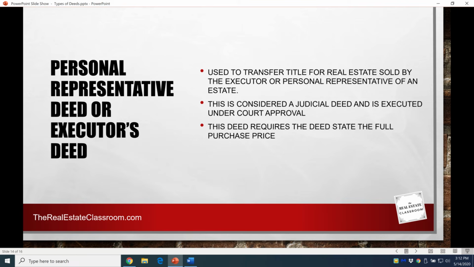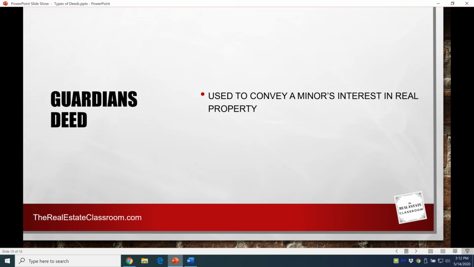But because this is an executor's deed or a personal representative deed, we actually have to put the full amount of the purchase price. The reason is the estate tax provisions, or the estate tax requirement. So it's the only deed that absolutely requires the full purchase price to be put in the deed under the consideration section.